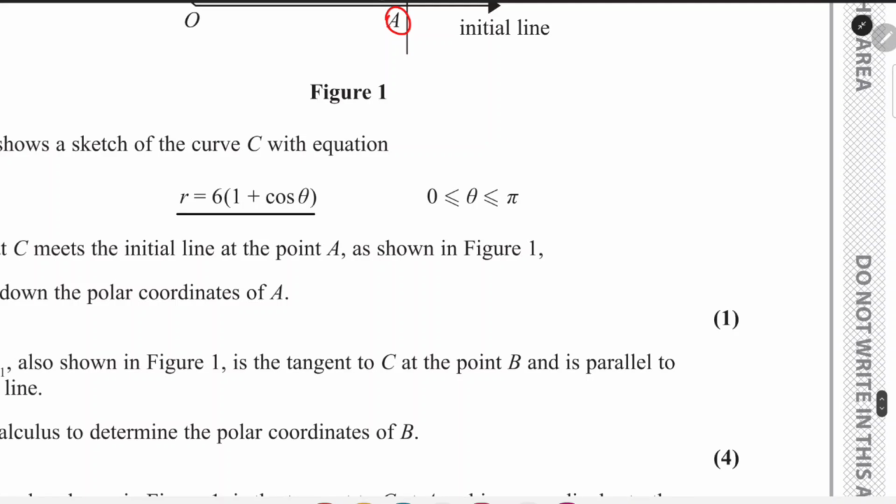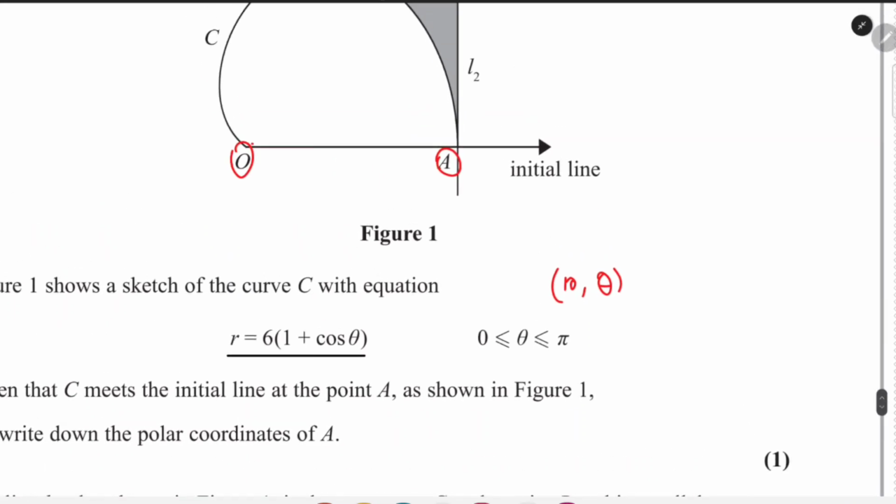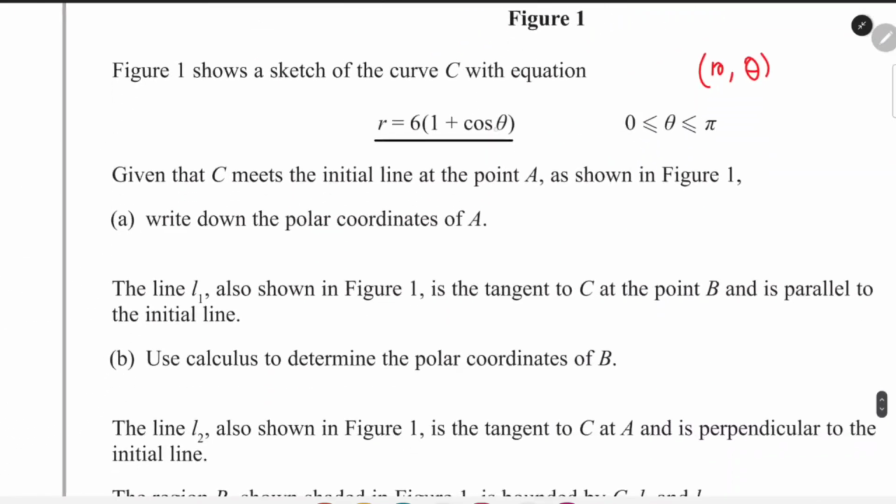So a polar point is denoted by its distance from the center or origin, r, and its angle from the origin. So you begin the angle from here and go like this. So this is at 0 degrees, so we have a theta of 0.